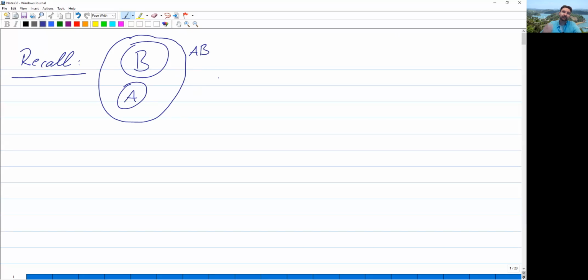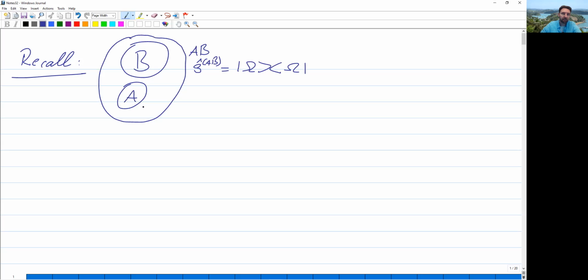Now, what are the states? We assumed here that the big system is in a pure state. So rho hat AB is given by some state omega, that's a pure state.